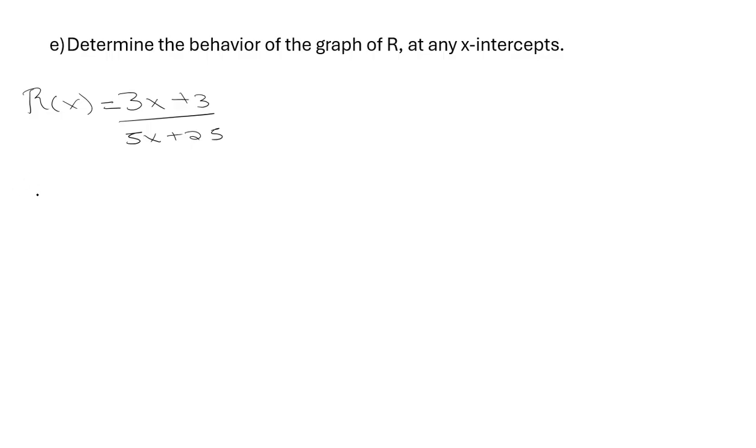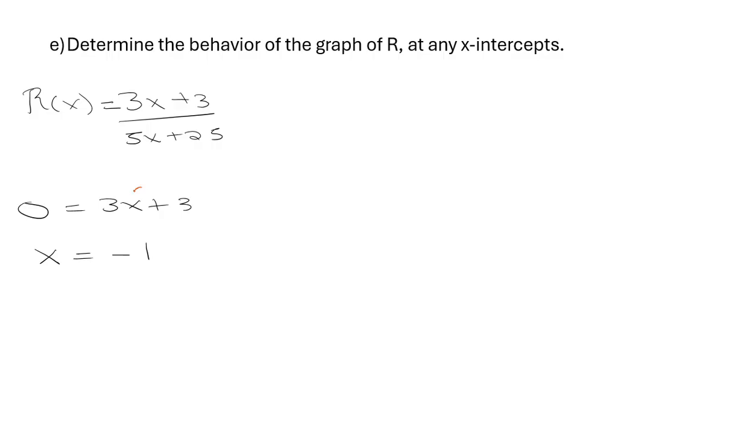To find the x-intercept, we have 0 equals 3x plus 3, and when we solve for this, we have x equals negative 1.